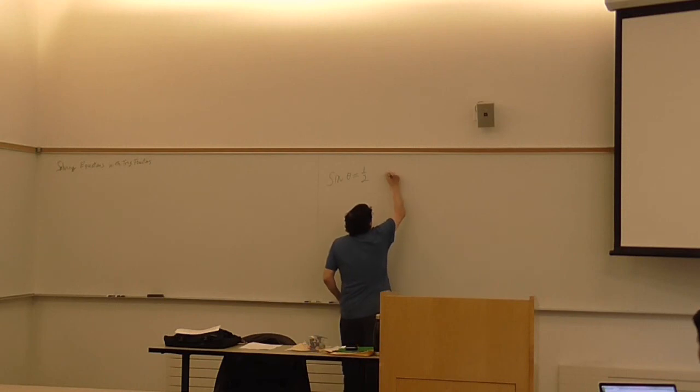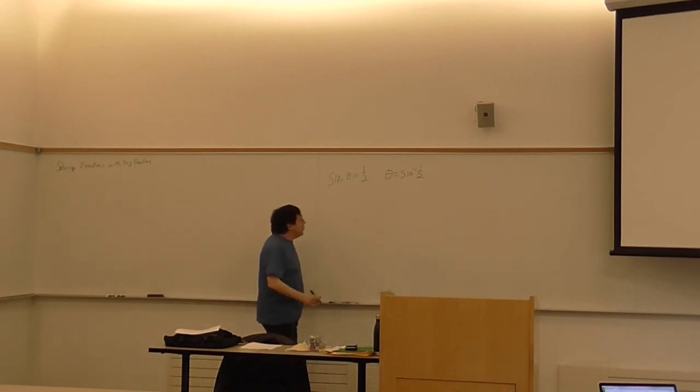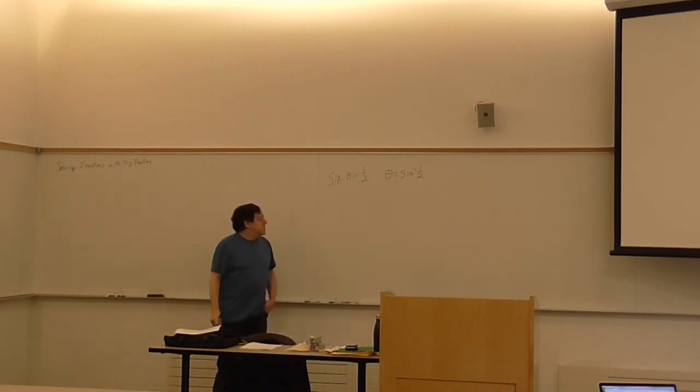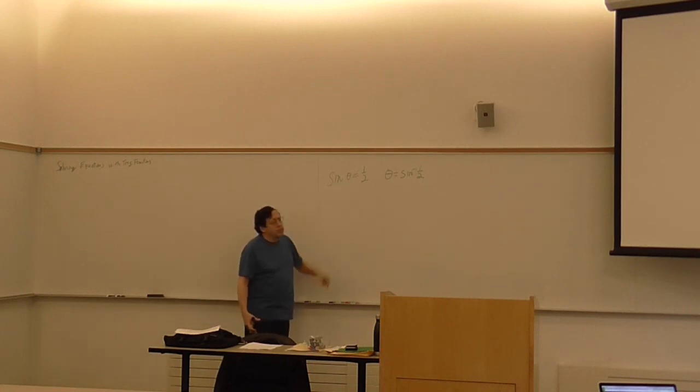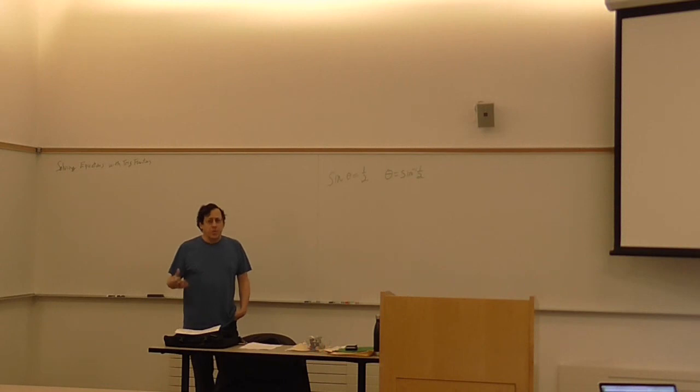On this side we'll be left with theta, and here we'll have the inverse sine of a half. But as you might guess, there's not going to be a single solution here because the sine function is periodic. That's going to be generally true. There could be multiple solutions having to do with periodicity of these functions.